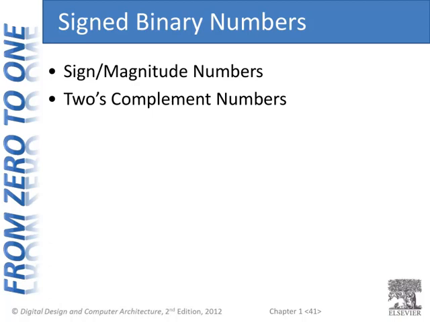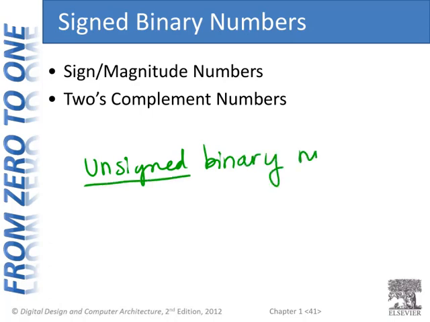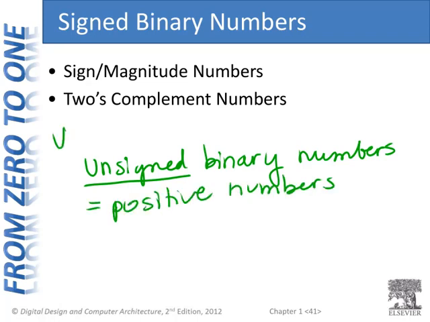Okay, so up until this point, we've talked about unsigned binary numbers. I've been referring to them just as binary numbers, but they're really unsigned in that they are only positive, so 0 or positive.